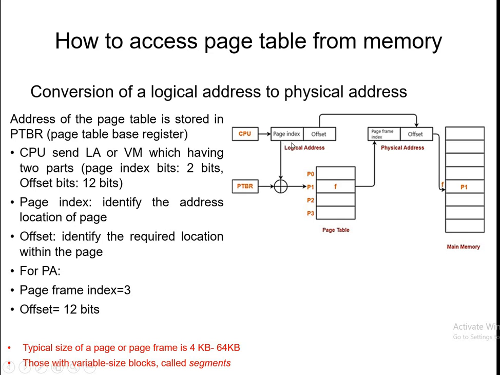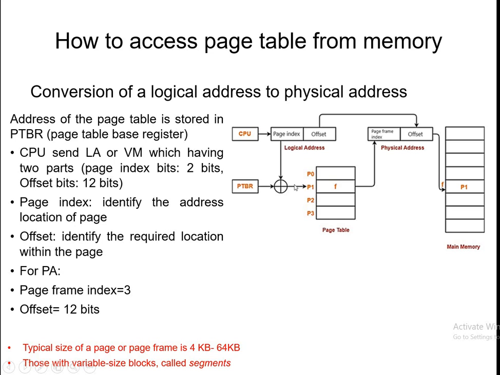How many bits will be reserved in the page index depends upon how many pages there are in the page table, that is, to define the address of each and every page of the table. The offset is used to identify the required location within the page in the main memory.